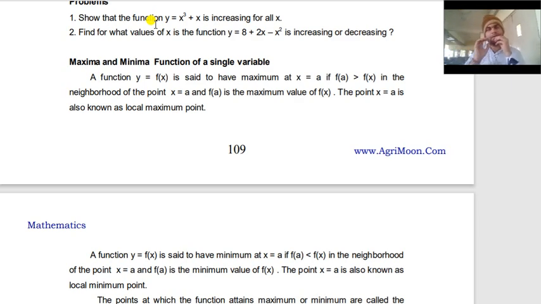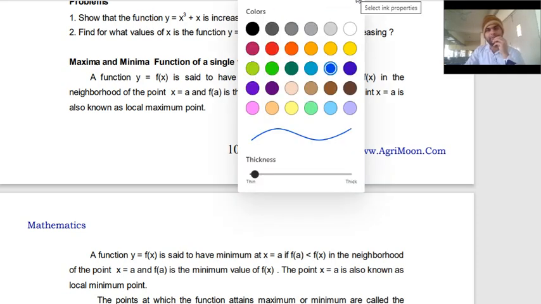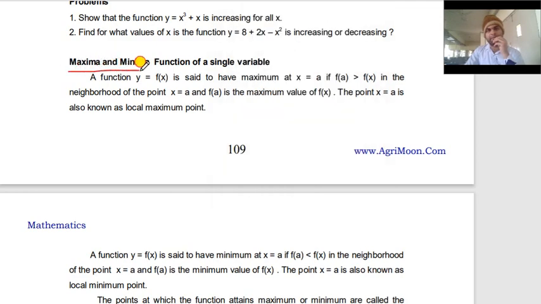Today I am going to deliver my lecture on maxima and minima of a function. Suppose you are given a function y = f(x). Maxima means its value is maximum.